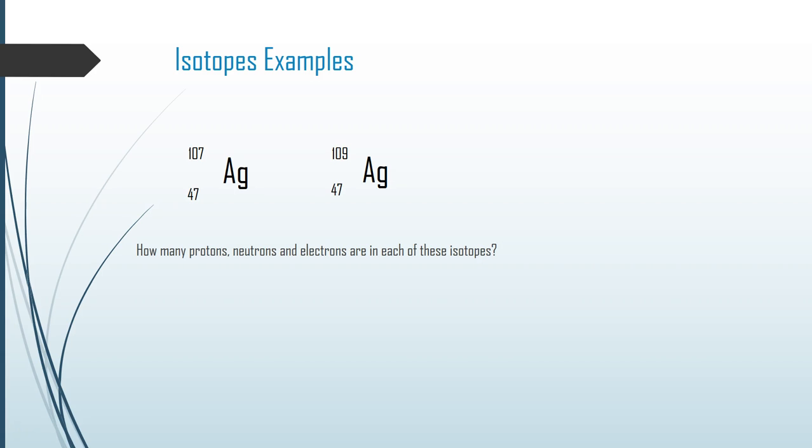So if we look at silver, we can see here we have silver-107 and silver-109. So if we have a look, we can see that the atomic number of silver is 47, because this is given here. This is Z, which is equal to the number of protons. Because it is a neutral atom, the number of electrons will be equal to the number of protons.